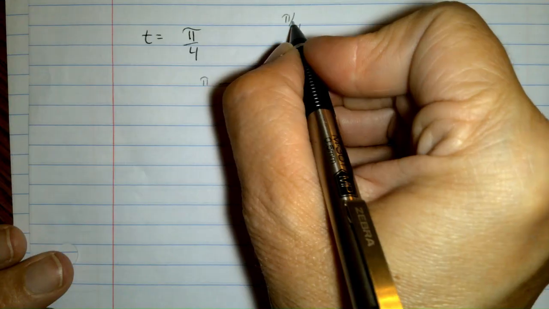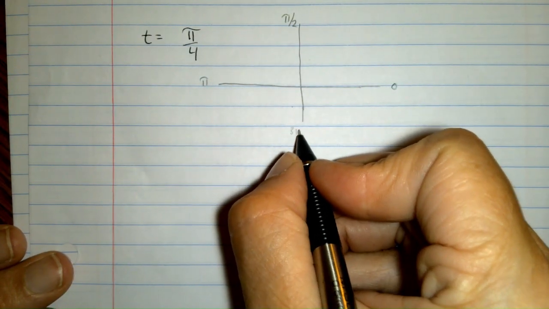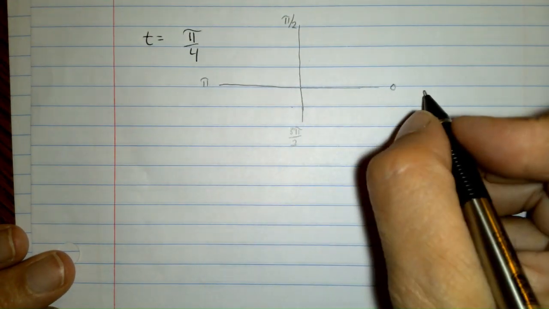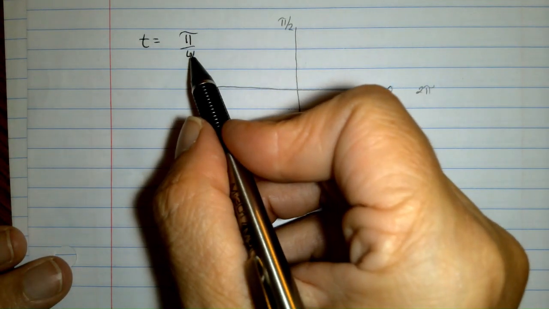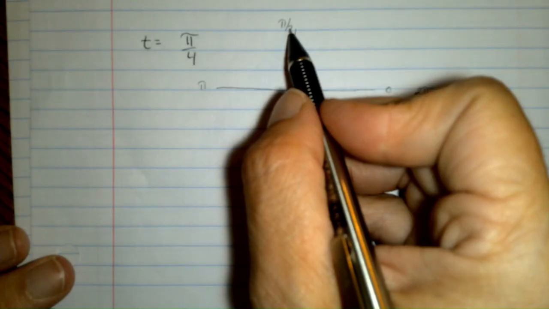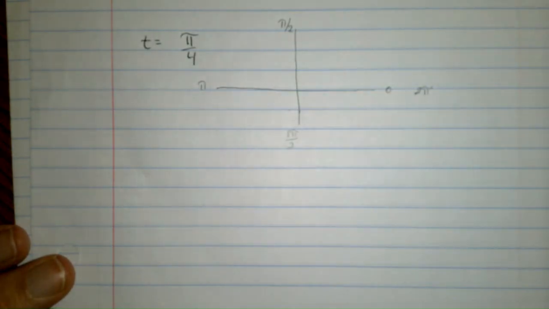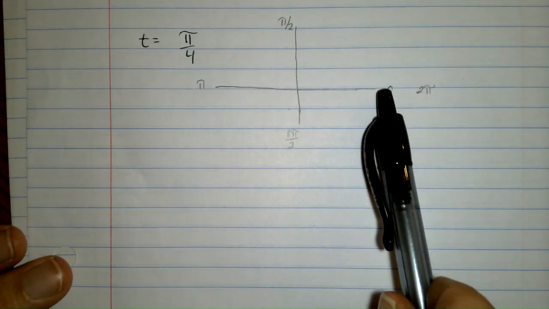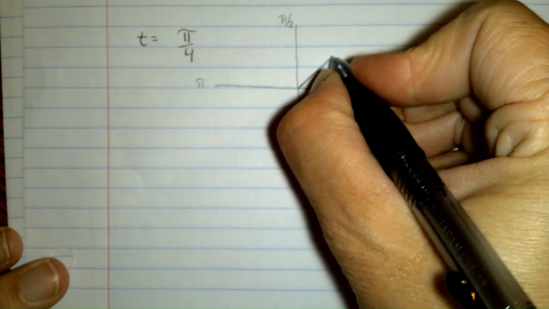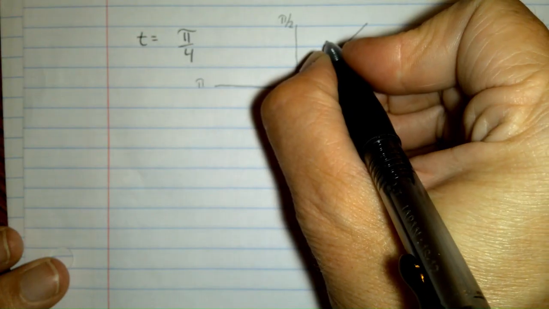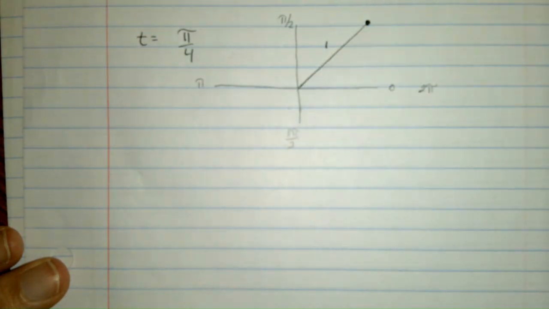This was pi over 2. This was 3 pi over 2. And when we got back to here, we've got our full 2 pi. But this is pi over 4, so it's a quarter of a pi. So if this is no pi and this is half a pi, a quarter of a pi would be right smack dab in the middle. And remember, we're on the unit circle, so our radius is 1.